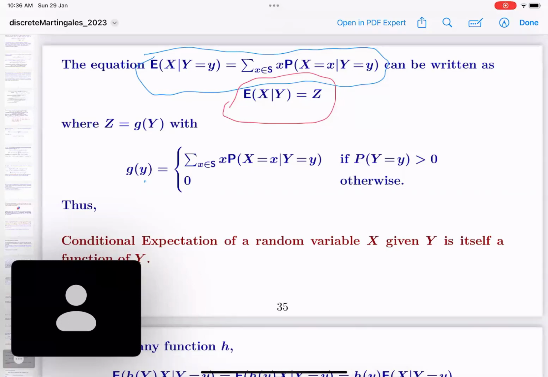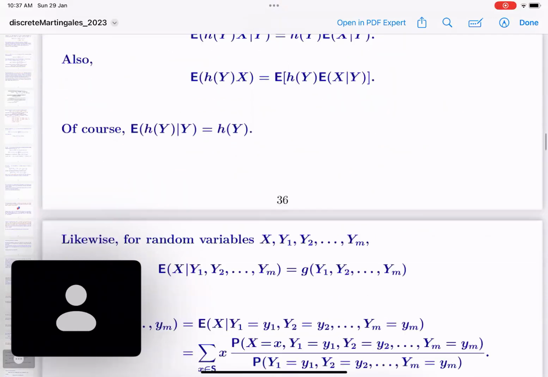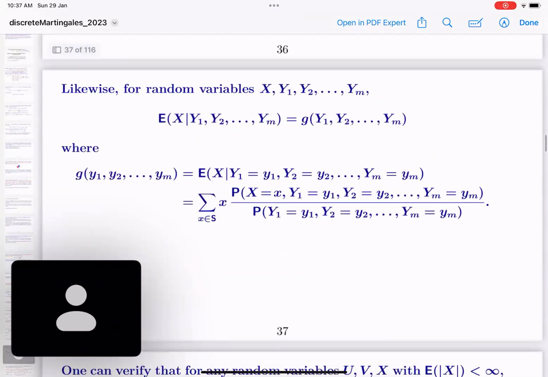Whatever we talked about will also work if Y was taking values in a d-dimensional vector space, or if Y is a vector, that is, you have random variables X and Y1, Y2, ..., Ym, then the expectation of X given Y1, Y2, ..., Ym is a function of the observed variables. And what function? That function is now worked out here.